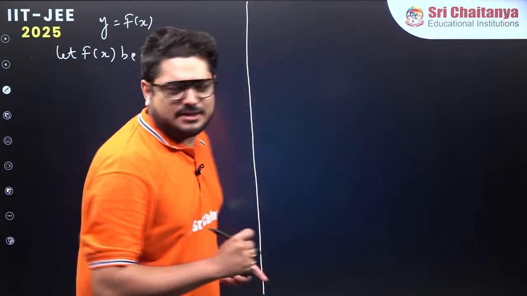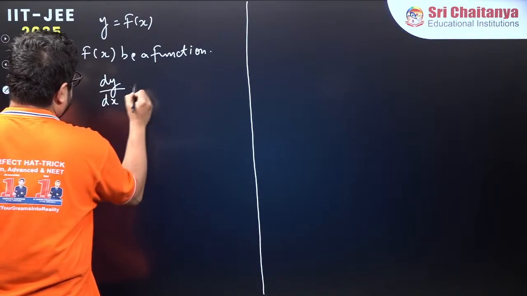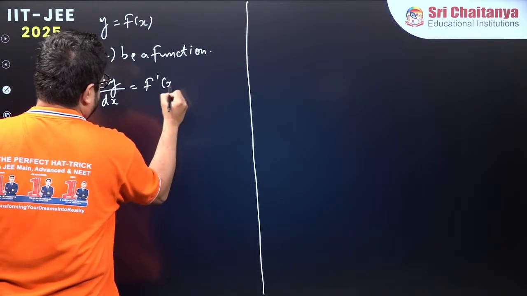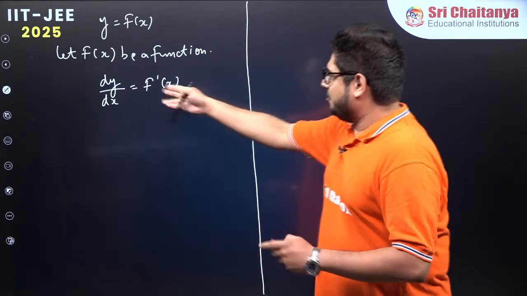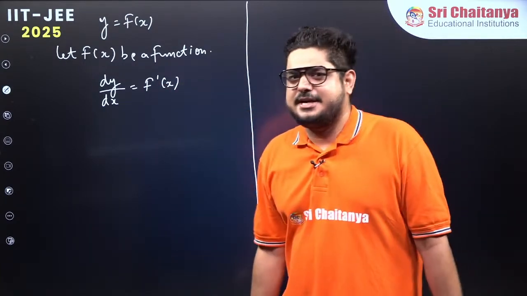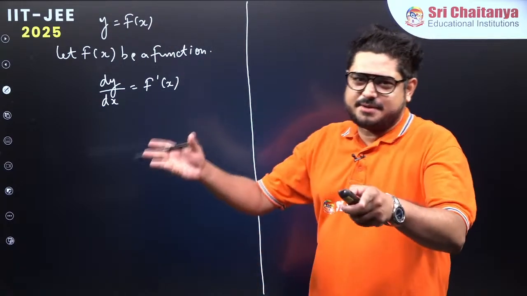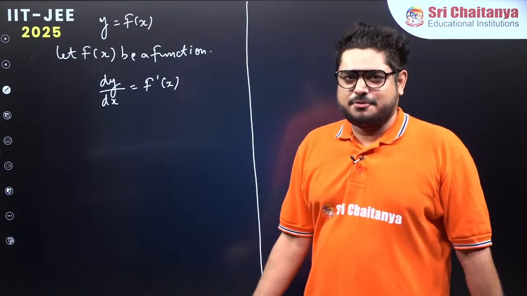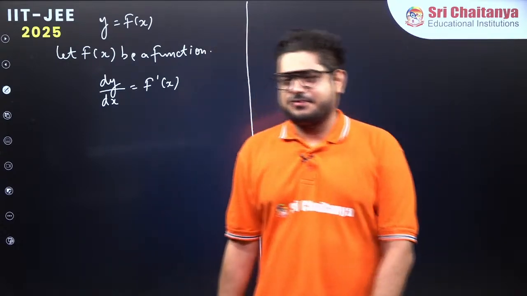I will be getting dy by dx, which is nothing but f dash x. I believe everyone's clear with this part. Everyone knows this: dy by dx is going to be represented as f dash x. If yes, give me a thumbs up. Give me a thumbs up, everyone, if it's clear to you. We have already discussed this thing in the previous sessions, in the previous 4 sessions, if you can recall.